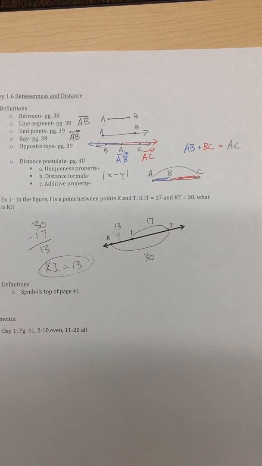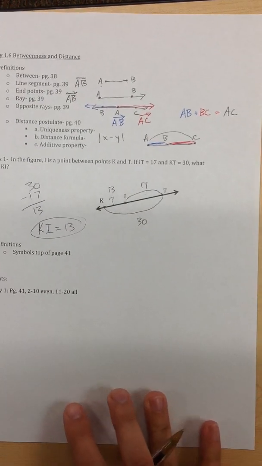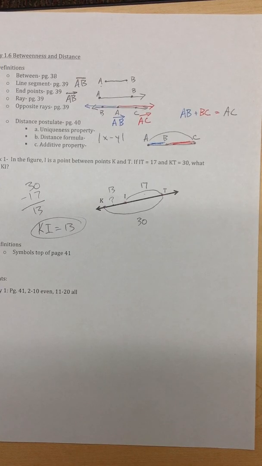Okay. Now the last thing I'm going to have you write down is they show a list of all the different symbols that you're going to need on the top of page 41. I would strongly suggest writing those down because a lot of times people get confused by what those mean. There's AB as a line, AB as a ray, BA as a ray, and then AB as a segment, and then AB with nothing over top of it is distance.